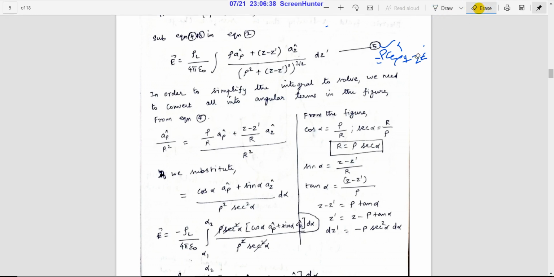Since we can write this equation like this: rho into a rho cap plus z minus z dash a z cap, divided by r cube.